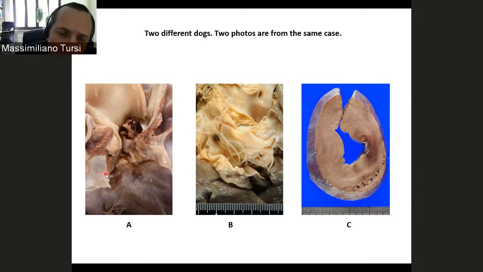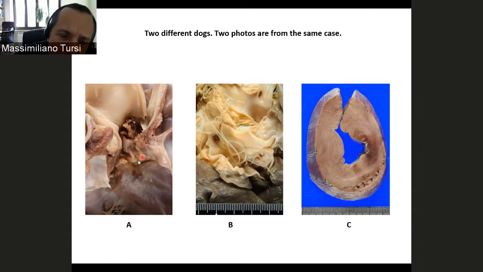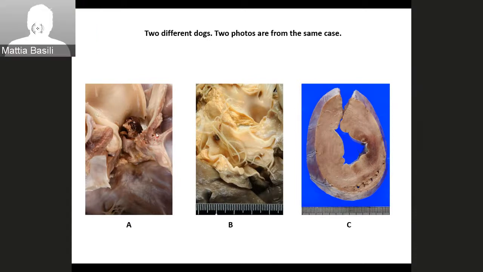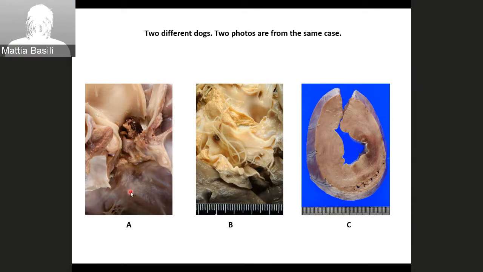Look here, for example, one and the other. Look here. I cut this structure before to see. So you mean you cut through the septum, therefore this is not the right?